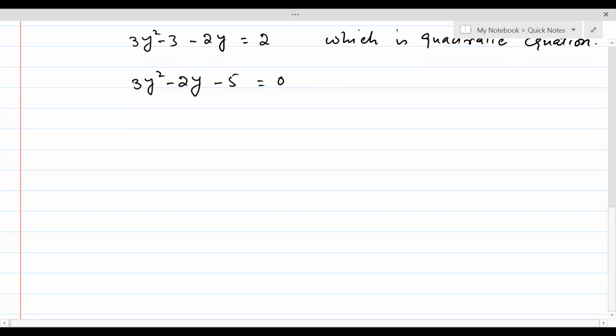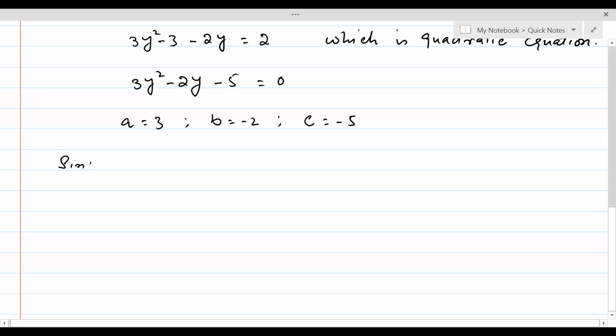And now we will solve this by using factorization. Here a is equal to 3, b is equal to minus 2, c is equal to minus 5. Since AC is negative, we will find two such factors of 10.